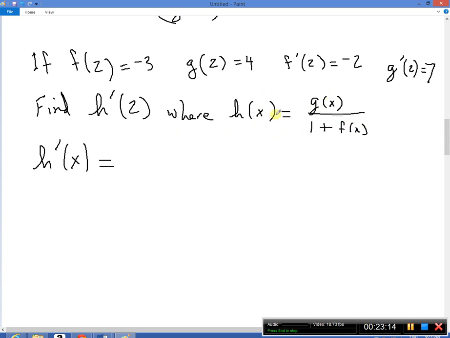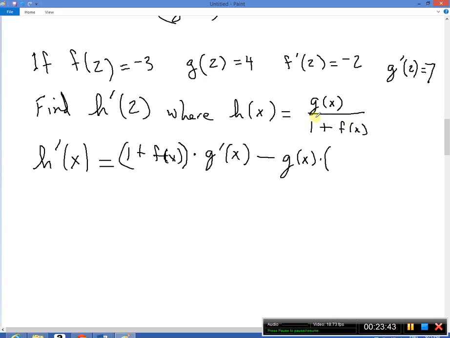What is the derivative of a quotient? It's the denominator, 1 plus f of x, times the derivative of the numerator. What's the derivative of g? I don't know. So we just write g prime. Denominator times the derivative of the numerator minus the numerator times the derivative of the denominator. What's the derivative of 1 plus f of x?